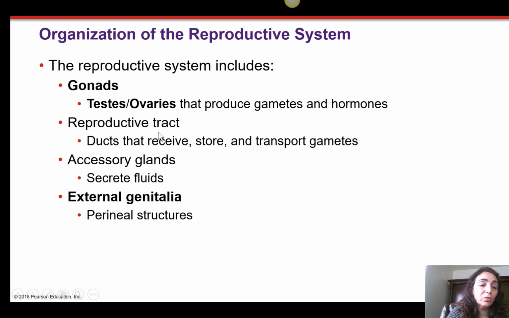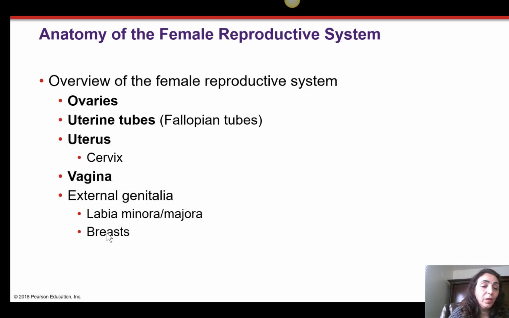We have the reproductive tract, the ducts that receive, store, and transport the gametes. We talked about them in the male, and we're going to talk about them in the female. Accessory glands secrete some fluids, and external genitalia are located in the perineal area. So that was the general part that you already know for the male reproductive system.